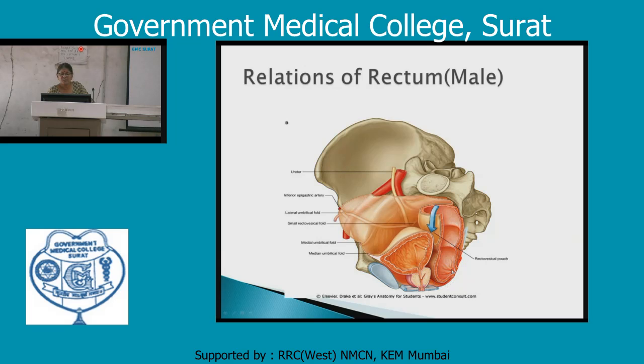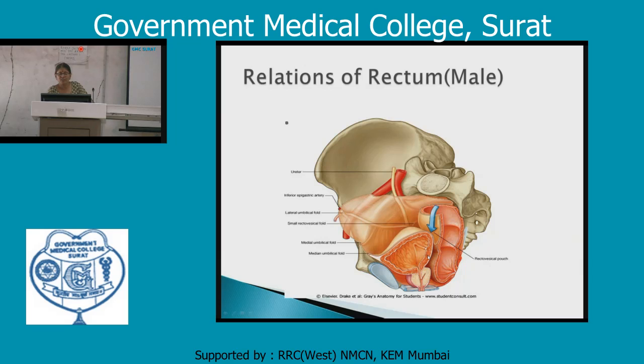So a very important relation anterior to the lower part of rectum is the prostate gland, and here the seminal vesicle in male and lower end of vas deferens in male, and you can see even the ureter, lower end of ureter in male and female. So what is the importance of this can be seen, these anterior relations, particularly this one in the lower part of the rectum.